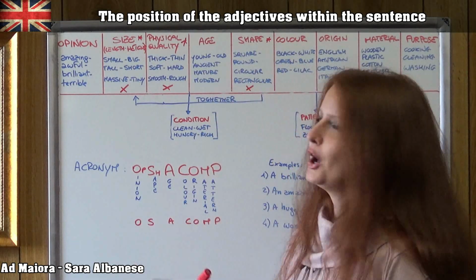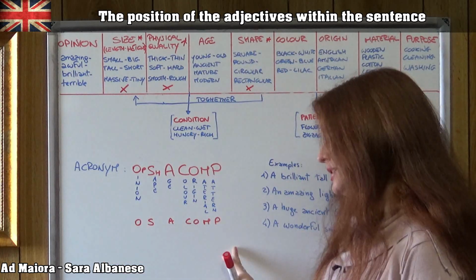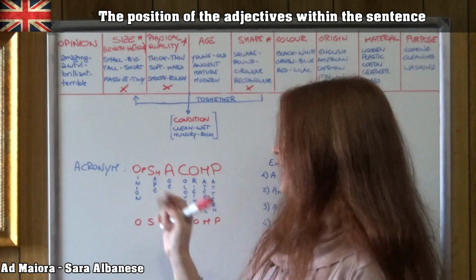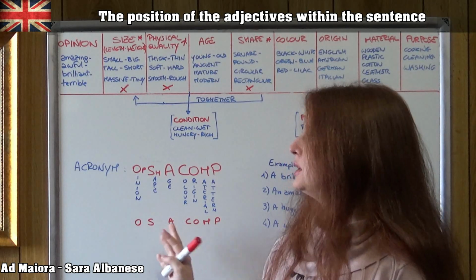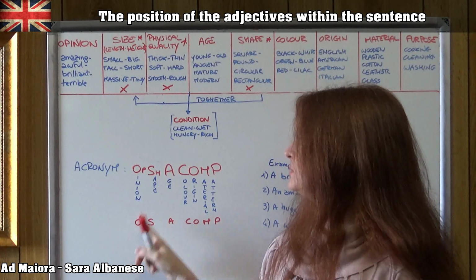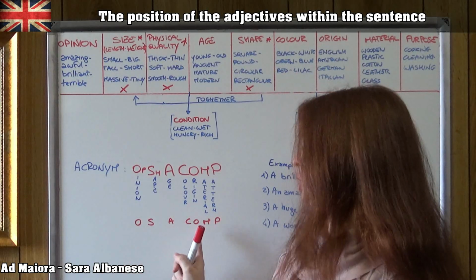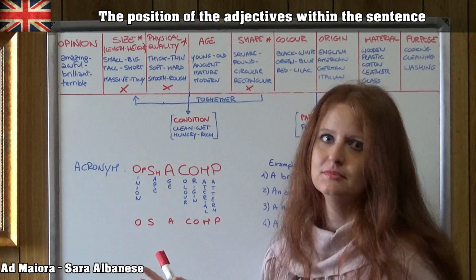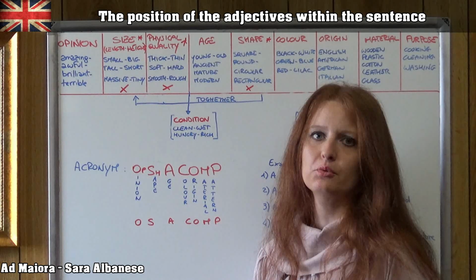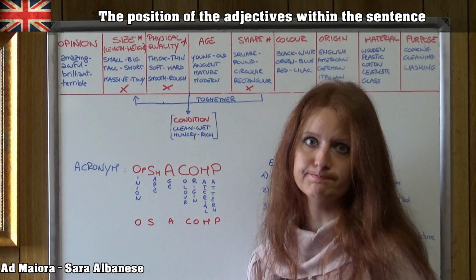Now, there is also an easier version of the acronym, and it is this one here, so ASICOMP, and there is no P and no H. Now, it could be less useful, in my opinion, especially for a reason, because the two O's, the O of opinion and the O of origin, are obviously the same, and so in this case they can be confused, while in the first acronym they can't be confused because we have OP for opinion and just O for origin.